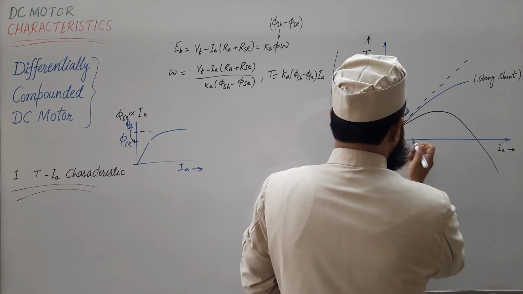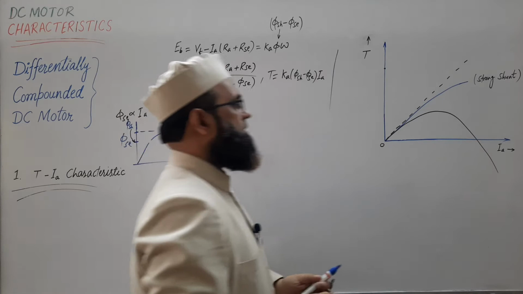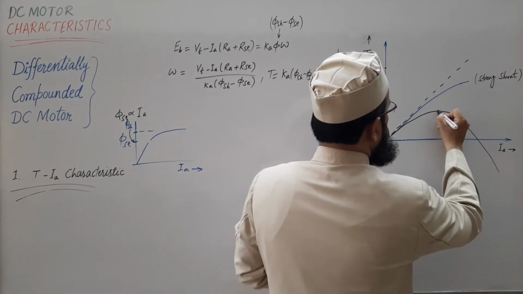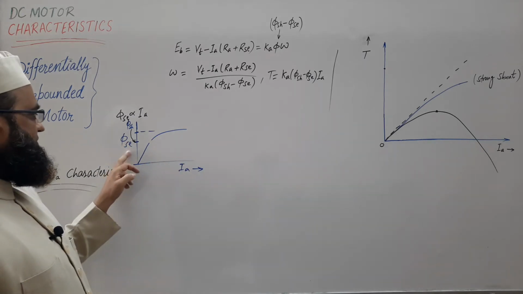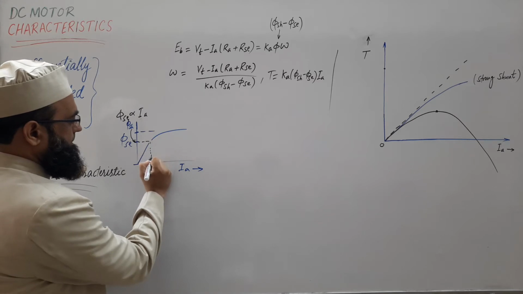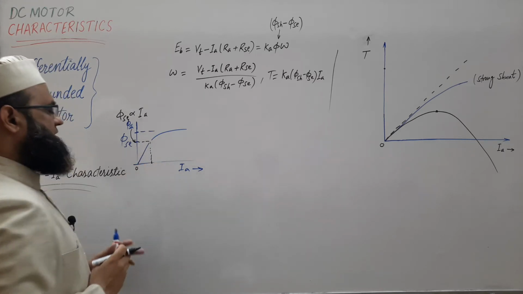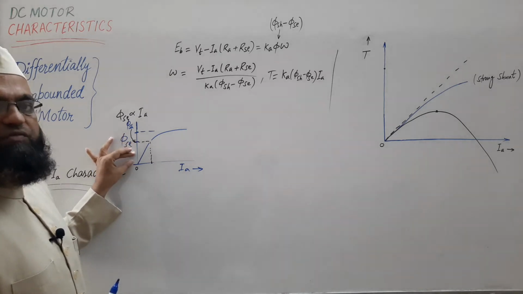So if we have negative slope, see at this point slope will become 0, the instant when phi SE will become phi SH. Initially phi SH minus phi SE will be some positive value.